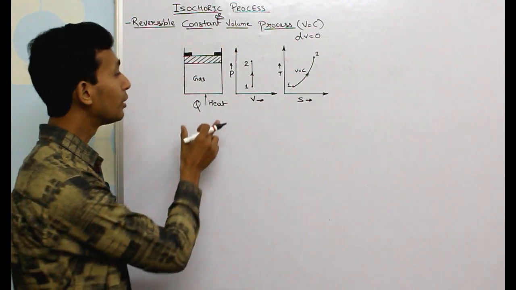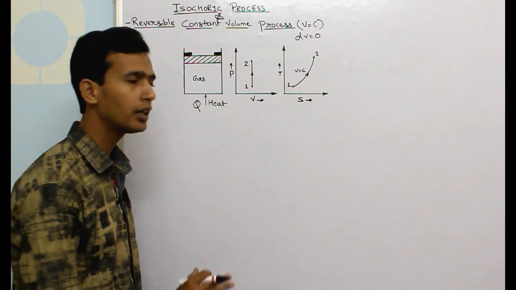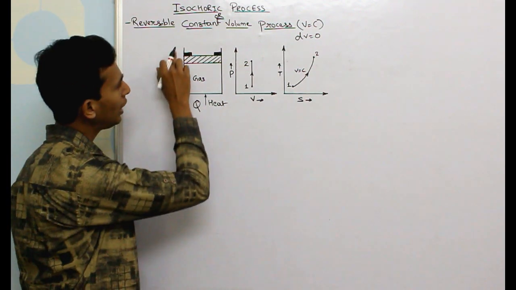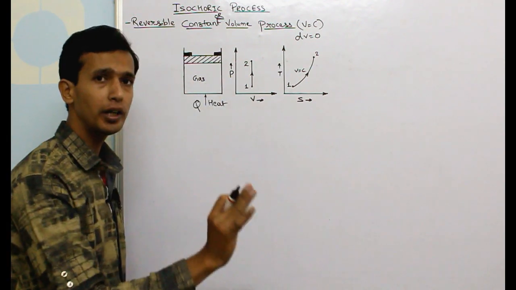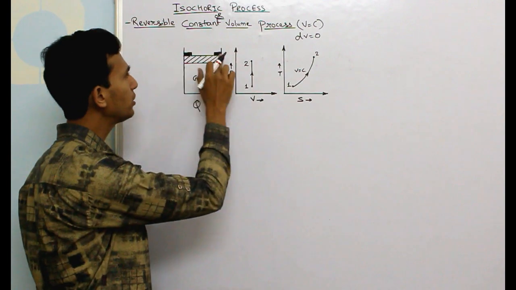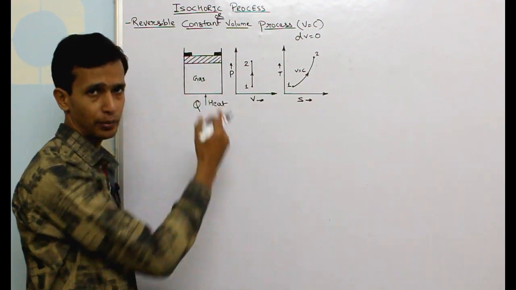Now coming to the representation part. Using this diagram, you will be having a clear understanding what is exactly happening during this process. So we have a cylinder and a piston arrangement containing certain amount of gas in it, and this piston is fixed, so it cannot move during the complete process.